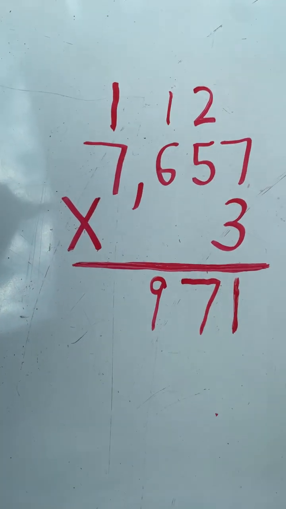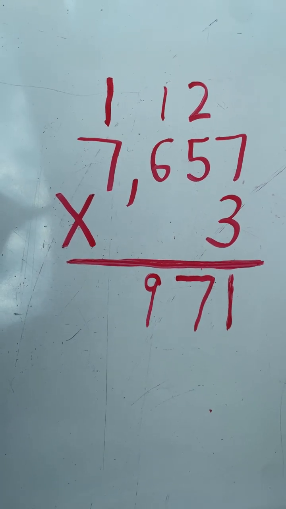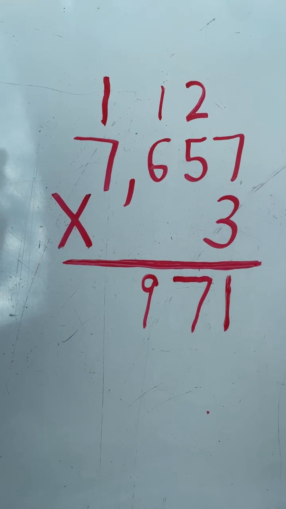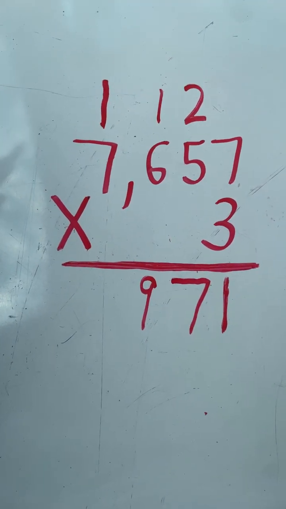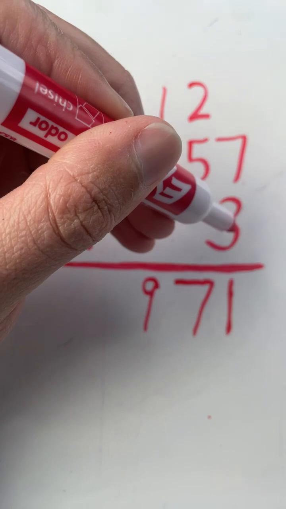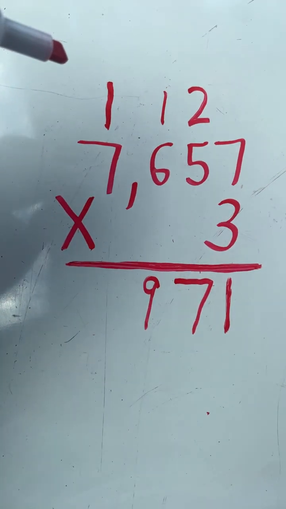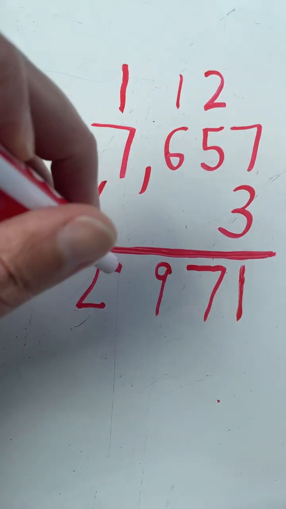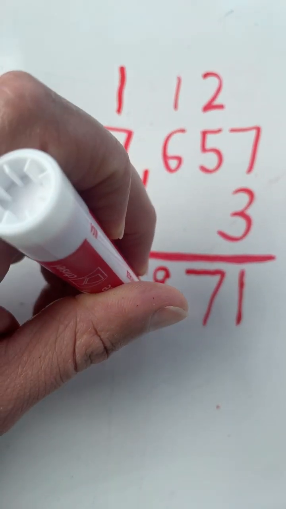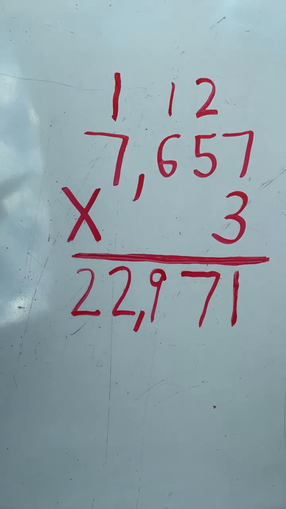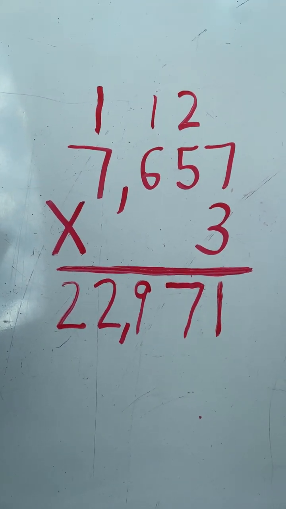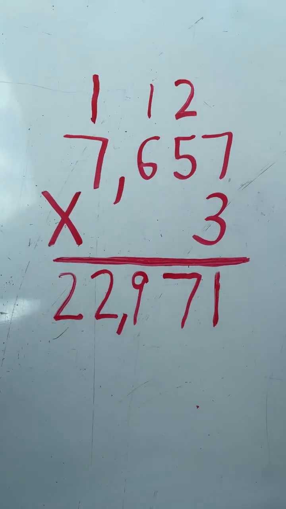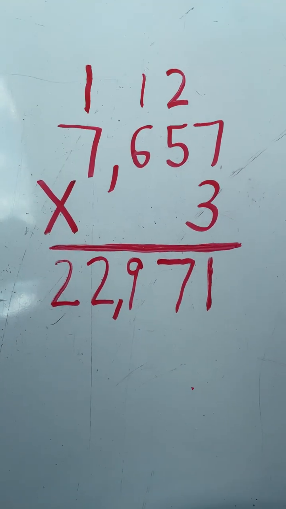Every time our product is 10 or more, we need to regroup, and so far our product has been 10 or more in every single place. 7 times 3 equals 21, plus 1 equals 22. And we have our final answer. 7,657 times 3 equals 22,971.